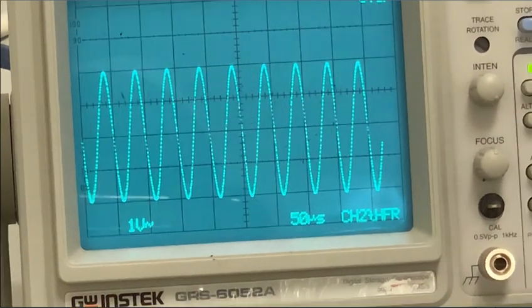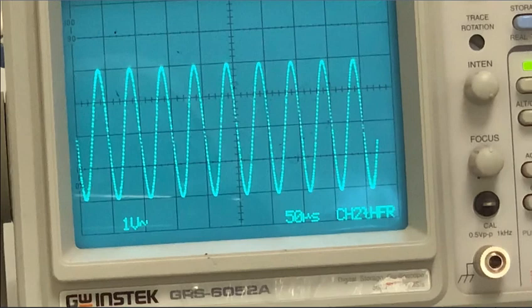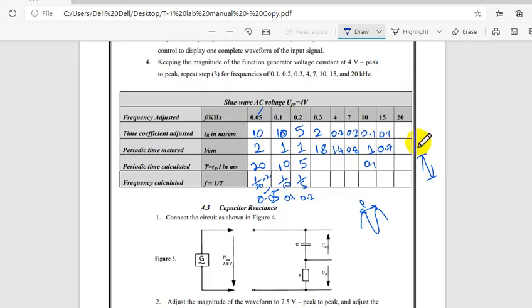So for 20 kilohertz it is 50 microsecond into how many boxes here? One. So this length is 1 centimeter. Just multiply it and get all these results.